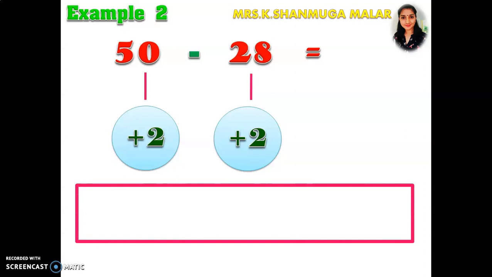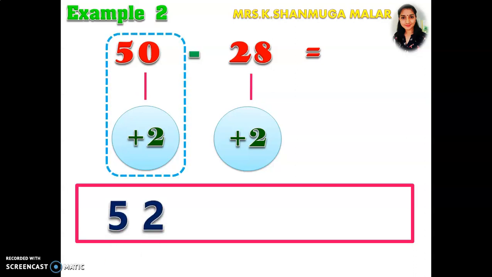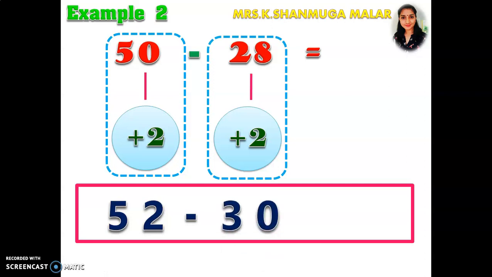Then we must write the numbers after plus 2. 50 plus 2 we get 52. 28 plus 2 we get 30. Yes, do you understand, students? Now we are going to solve this. 2 minus 0.